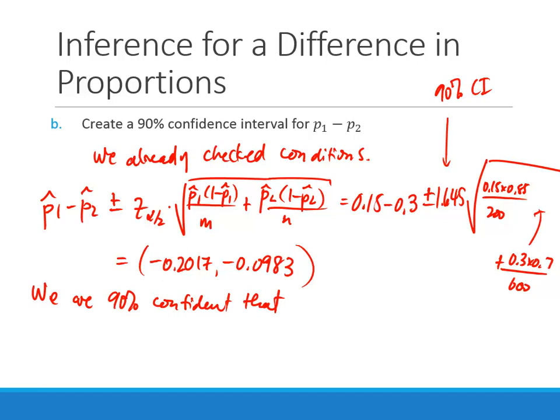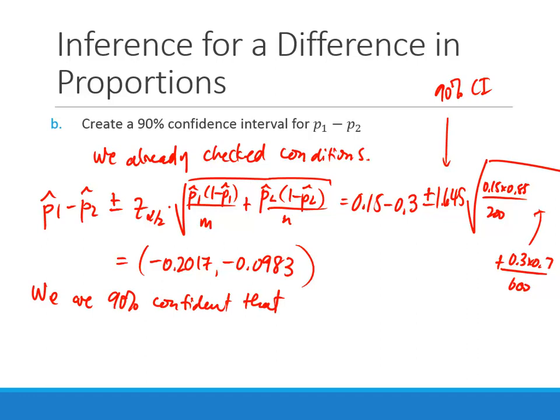We're 90% confident that the difference between people who switch with and without inducement is somewhere in this range. We can say that a little more clearly. That's a fine interpretation. But again, since this interval is negative, the proportion that switch with inducement is somewhere in that range much less than the group that switched without.